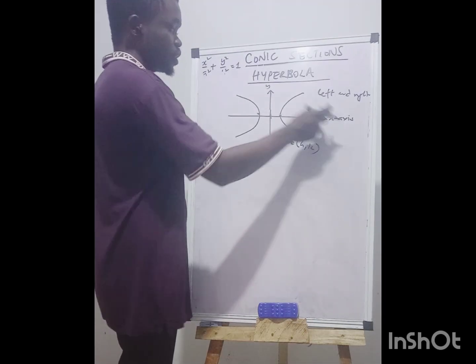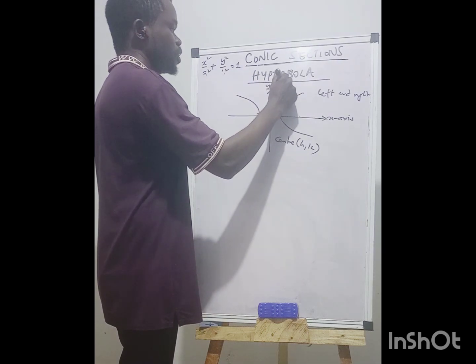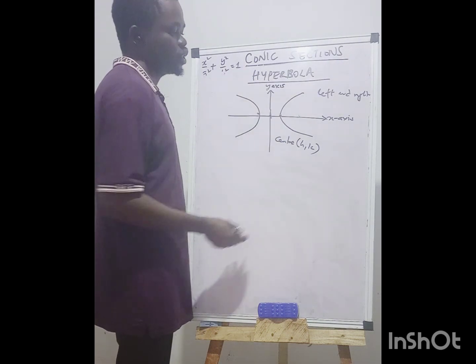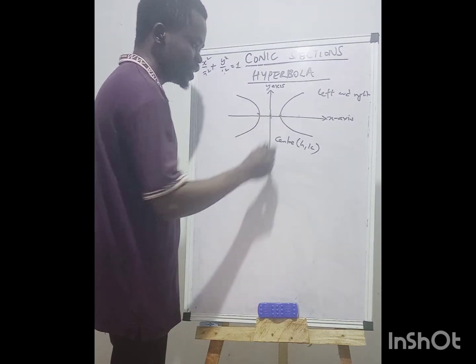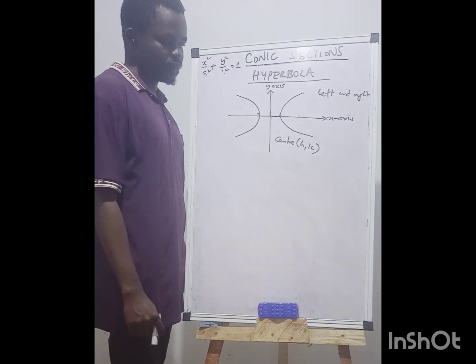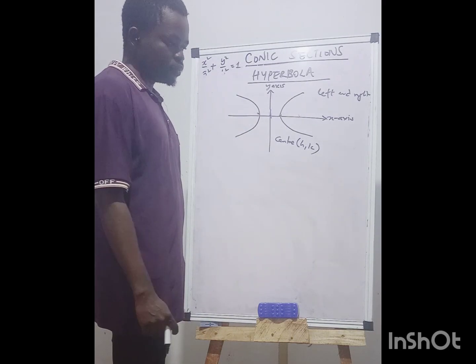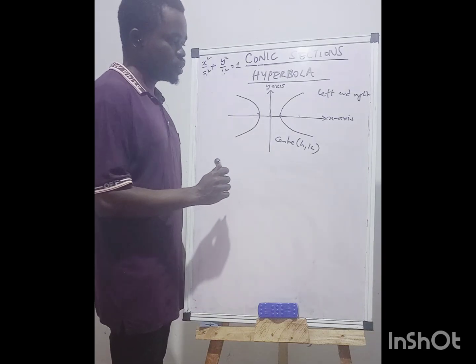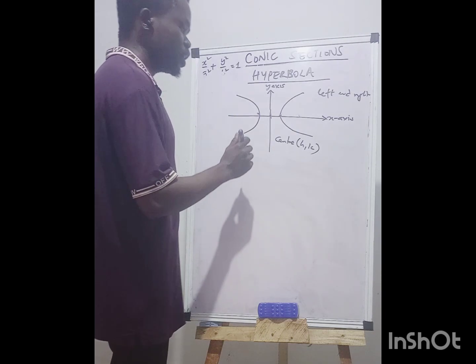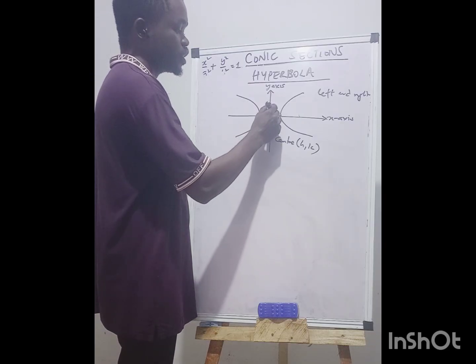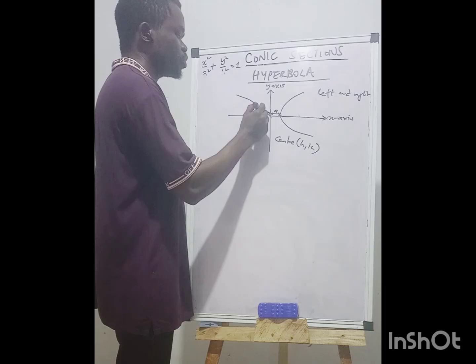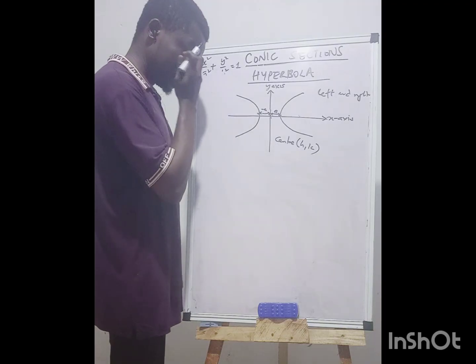Alright, so we have the x-axis, y-axis, as always. At this point is the center h and k. Between here and here, there's a distance, and most times that distance is a. The reverse of it will be minus a.